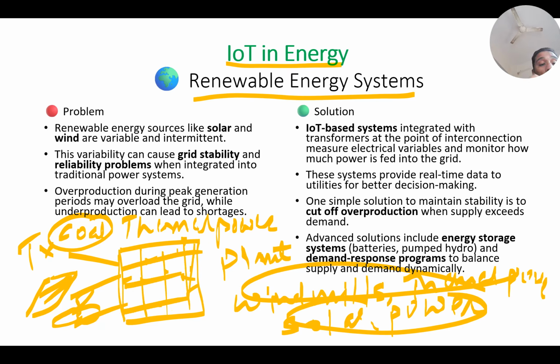Now sometimes these renewable energy sources, like solar and wind, are variable and intermittent. Suppose there is a cloudy day. On that cloudy day, what happens? The solar energy is not enough to generate the electricity. There is no wind. Sometimes wind comes and wind goes, right? Their intensity also varies and their availability also varies.